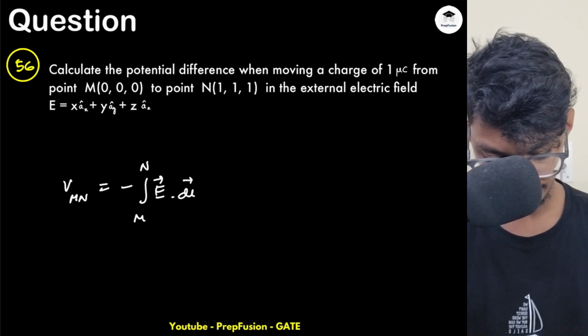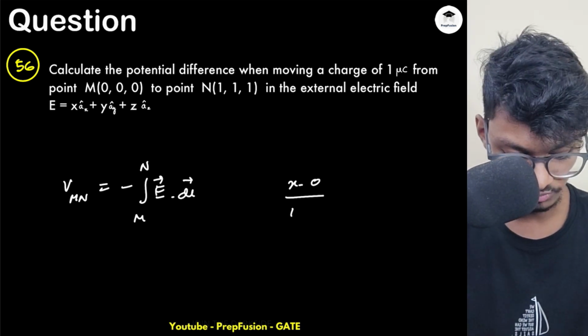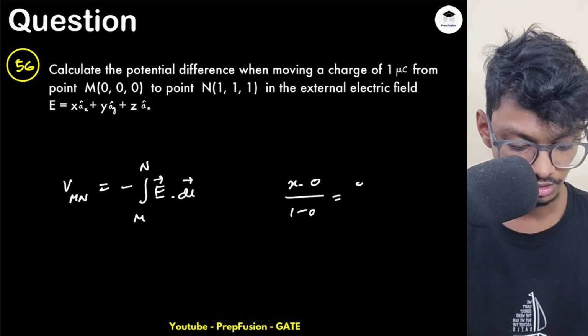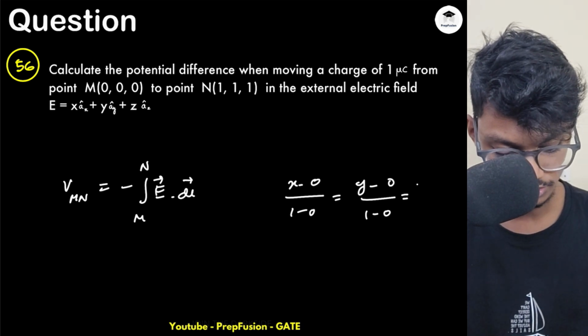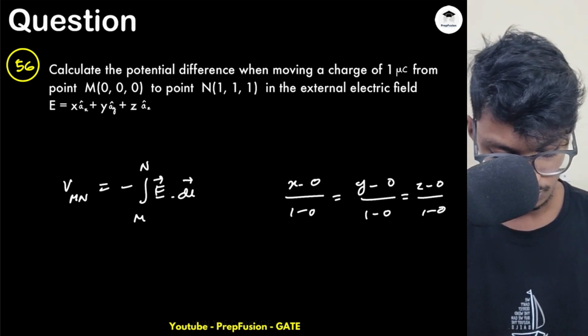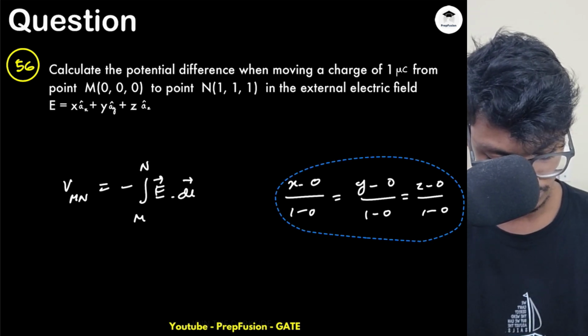So here x, y, z are all going from 0 to 1. Whenever you want to choose a straight line in 3D, you use this formula: x minus x1 divided by x2 minus x1 equals y minus y1 divided by y2 minus y1 equals z minus z1 divided by z2 minus z1, equal to a third parameter t. You involve everything in terms of t, and then simply solve the integration.